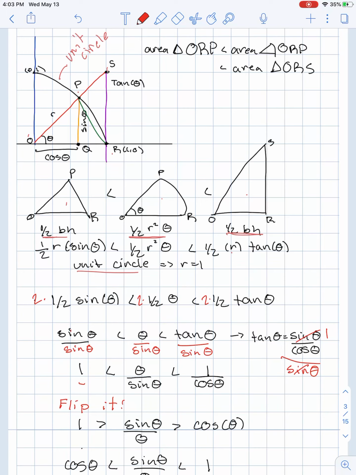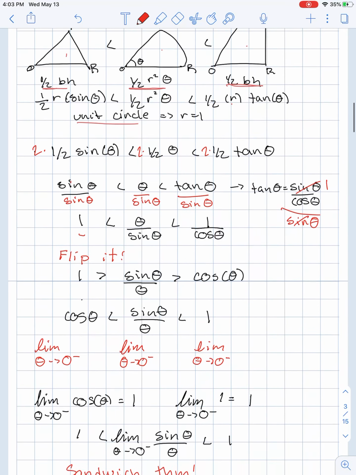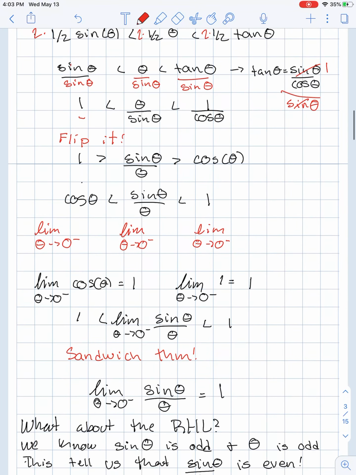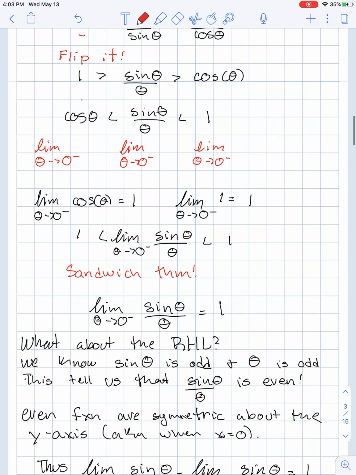So that's how we get that 1 is greater than sine of theta divided by theta, which is greater than cosine of theta. And then I rewrote it down here, because I like to write it reading from smallest to greatest. So that's why I wrote cosine theta is less than sine theta divided by theta, which is less than 1.